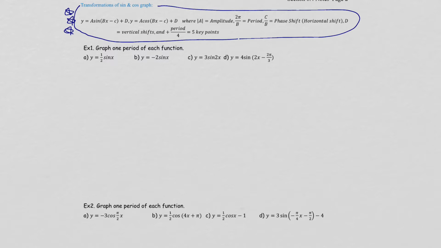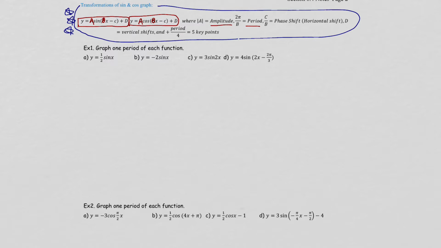What does this one say? Well, this is given as the standard form of sine, and this is cosine. With that, in order to find the amplitude, it's going to be the absolute value of A. This A right there. The value in front of sine and cosine. And then if we wanted to find the period, it will be 2 pi over B. So your B is going to be the value that is multiplied to the variable x.